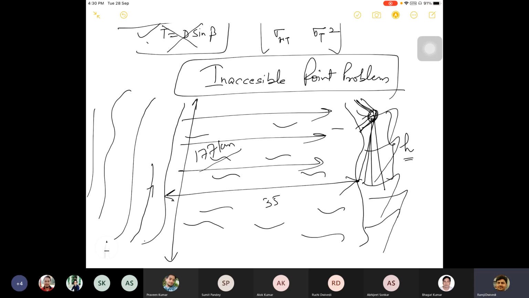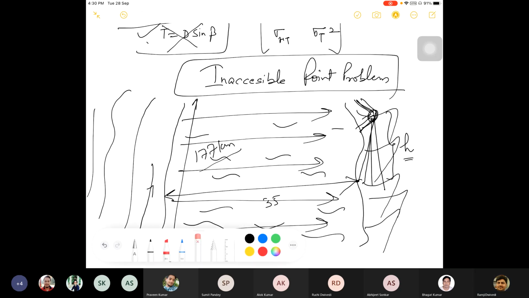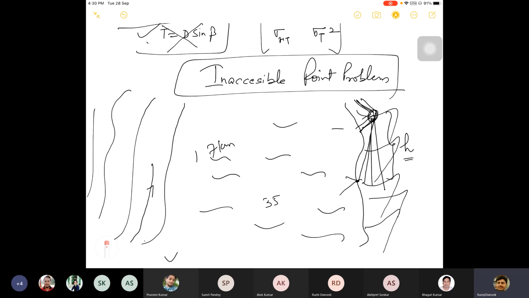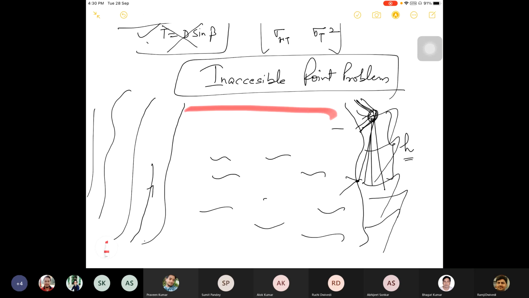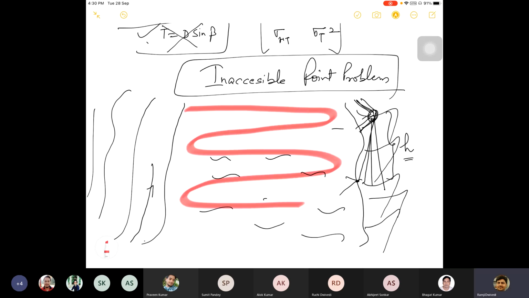That means you cannot access this area. This is inaccessible. The whole understanding of this is an inaccessible area. You cannot access it.